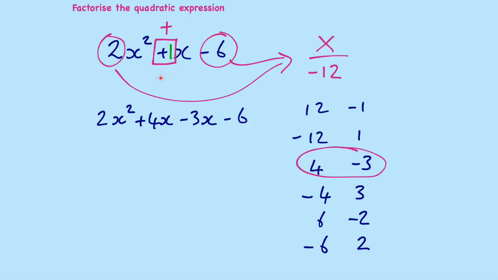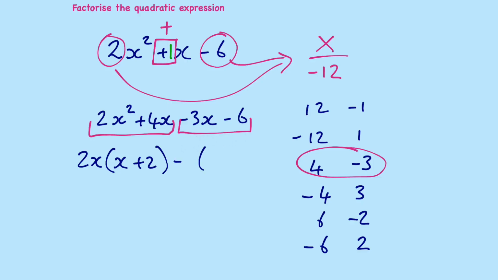As you can see, I've rewritten the plus 1x as plus 4x and minus 3x, and then I'm going to separate them into two pairs. And then when I factorise 2x squared plus 4x, I get 2x and x plus 2 in brackets, and then I factorise minus 3x minus 6 and I get minus 3 outside, and inside I get x plus 2.